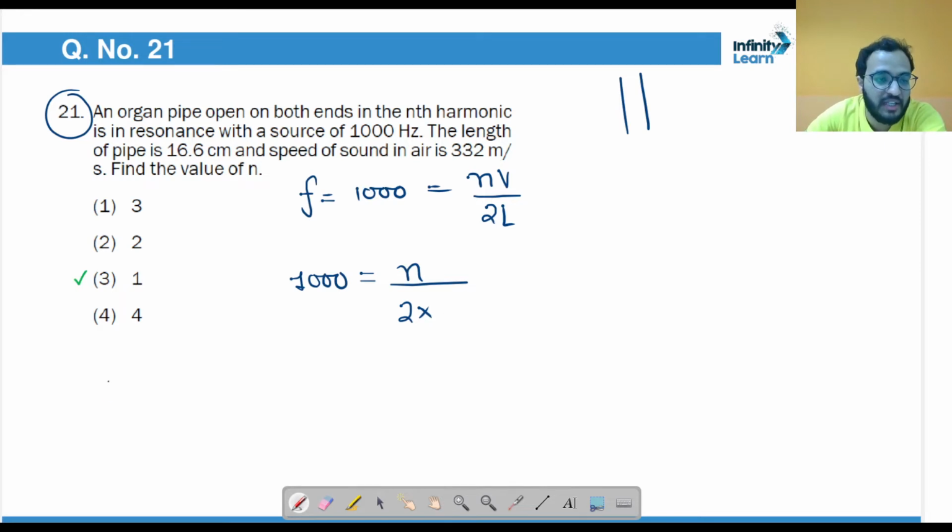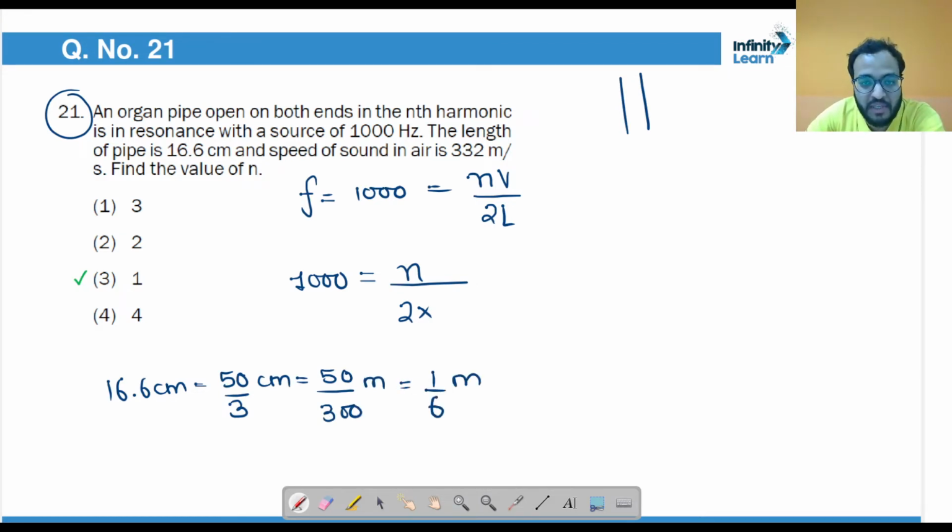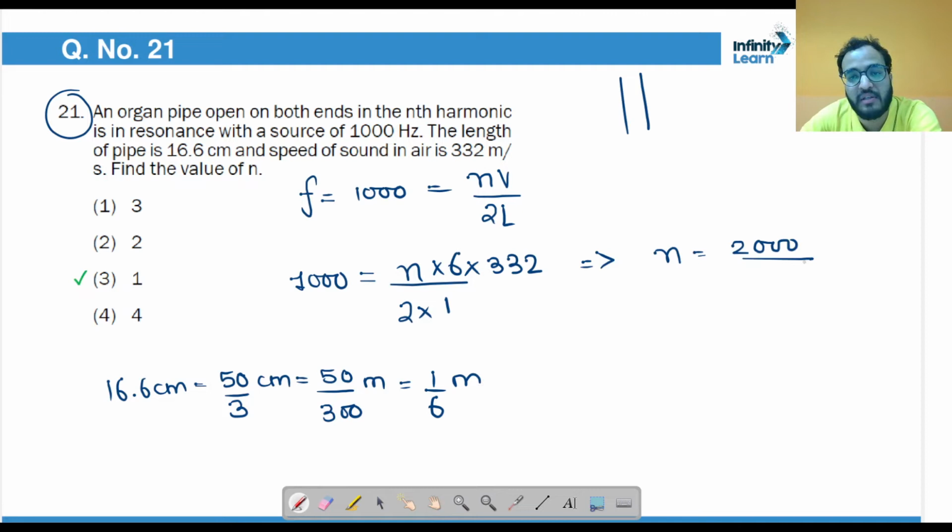Do you know 16.6 centimeter is nothing but 50 by 3 centimeter, or 50 by 300 meter, or 1 by 6 meter. So it is 1 by 6 into V, which is 332. So you will say n is equal to 200 upon 6 into 332.